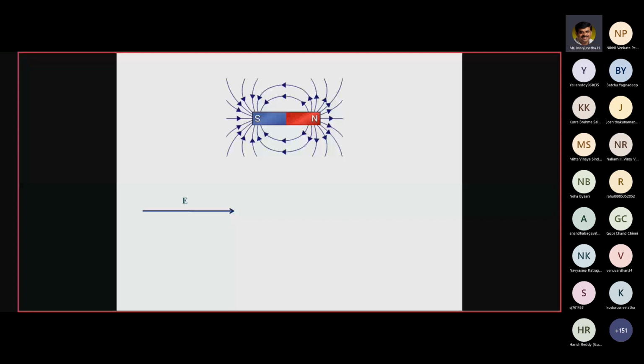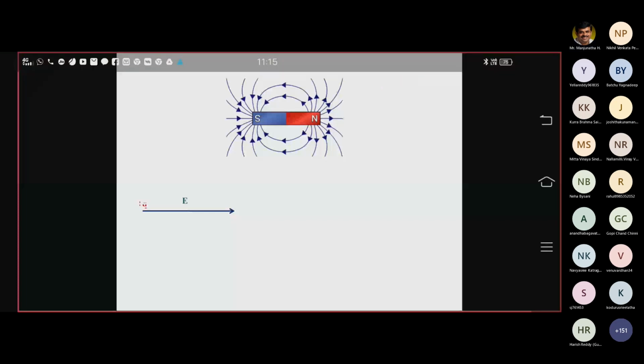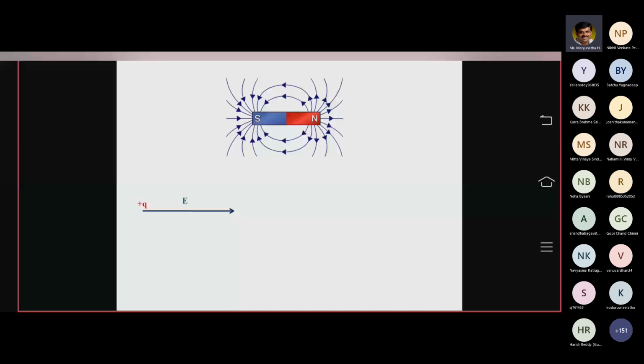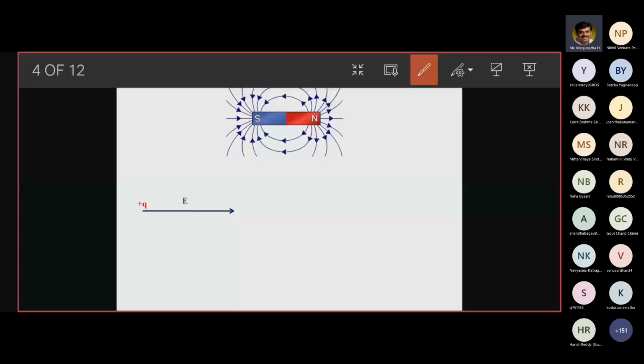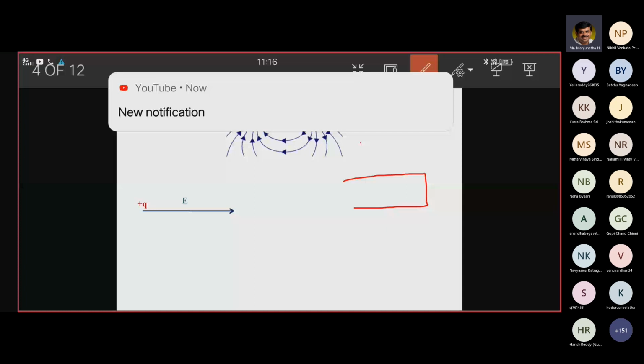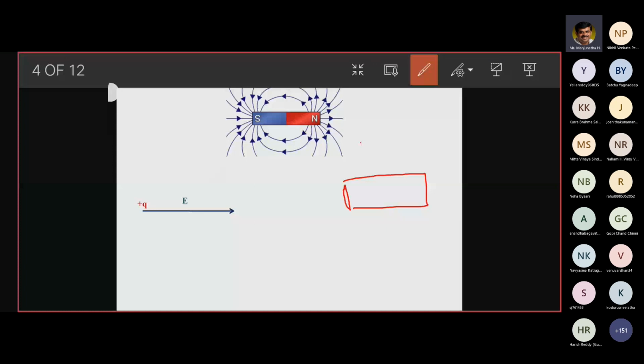See, if you take any magnet, this is the South Pole and this is the North Pole.